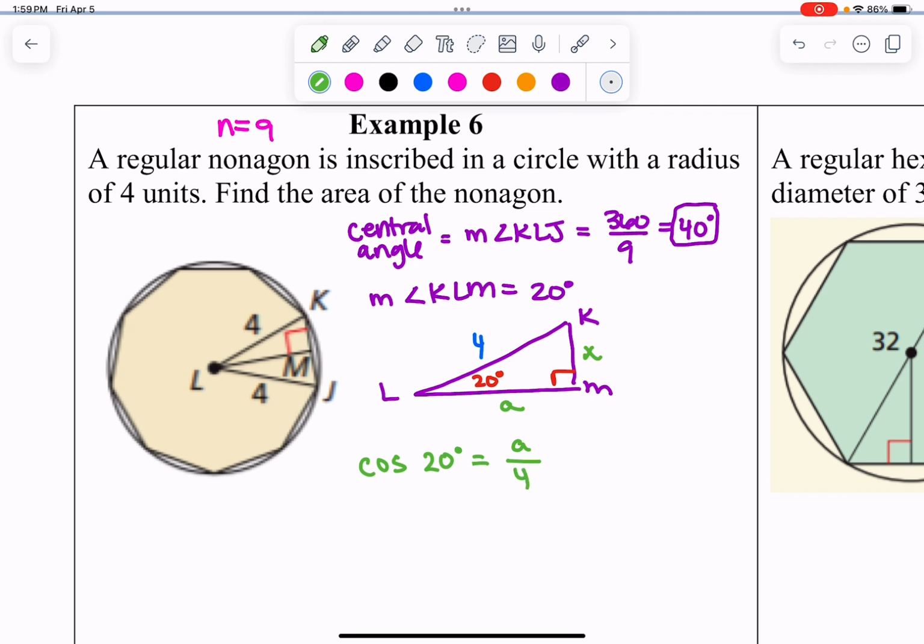So then if I multiply both sides by 4, I now have the length of my apothem. So 4 times the cosine of 20 degrees is going to give me 3.7587. So my apothem is going to be about 3.76.